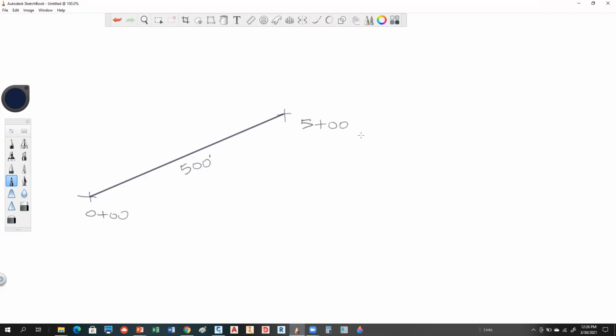So that's how stations work. Also, there's a concept of it running in that direction. So what that means is this is left of that alignment and this is right of that alignment, because you stand at 0 and look towards 500. So that's how you orient left and right. Does everybody see how that works? Any questions?